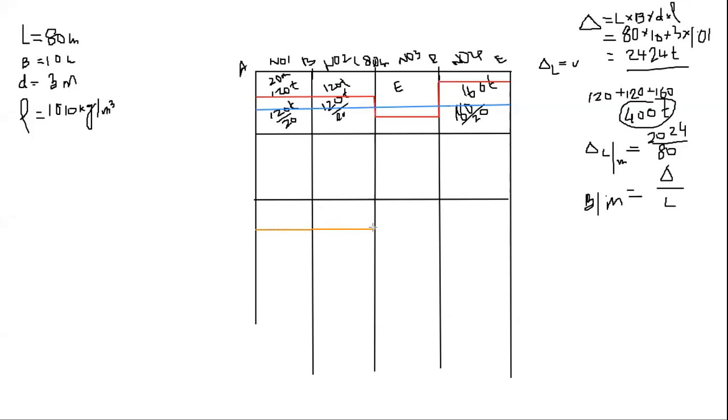And after that we'll be having the buoyancy will be more. You'll be getting a positive value of the buoyancy. And here it will be less, meaning a more negative value.